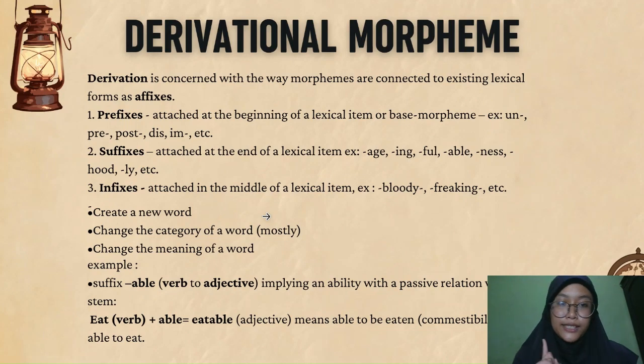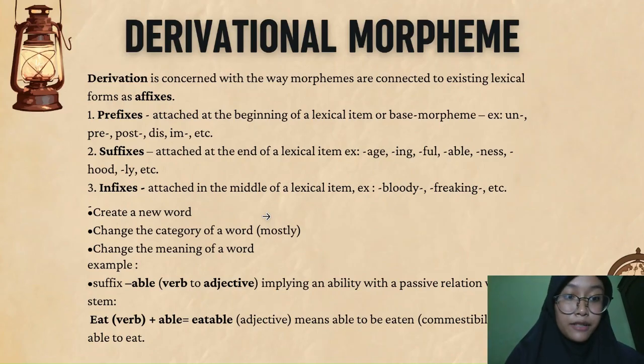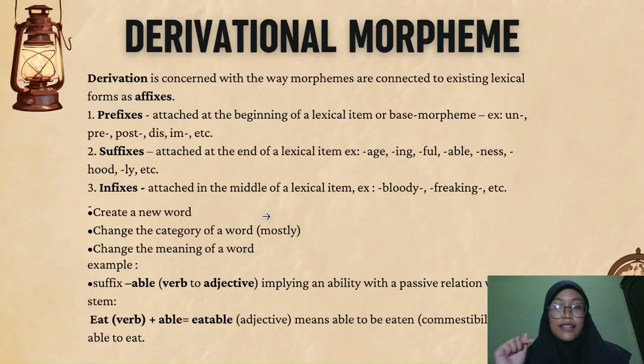First is prefixes, attached at the beginning of a lexical item or base morpheme. Examples are un, pre, post, dis, etc. And second, suffixes, attached at the end of a lexical item. Examples, age, ing, ful, able, ness, hood, ly, etc. And infixes, attached in the middle of a lexical item. Examples, bloody, freaking, and etc.